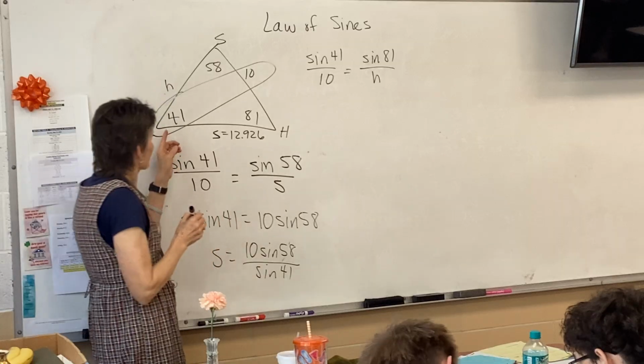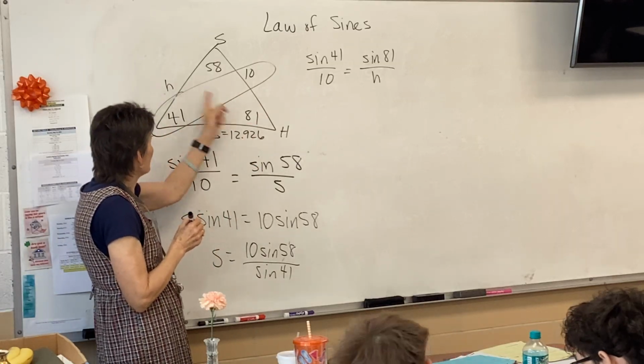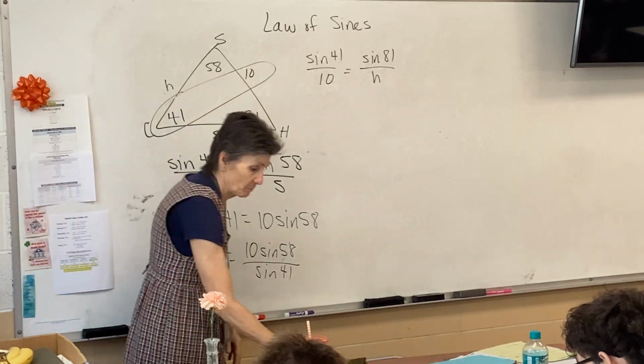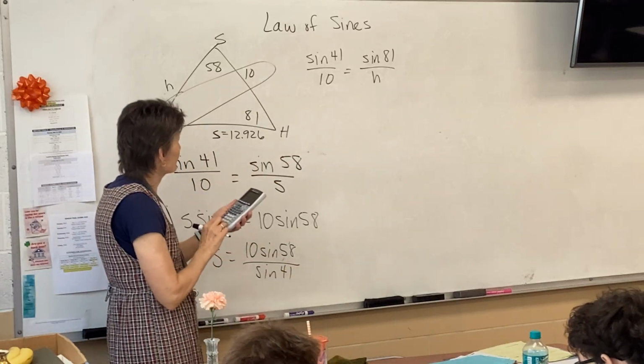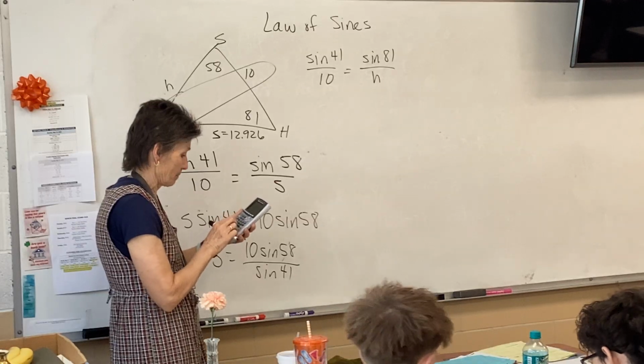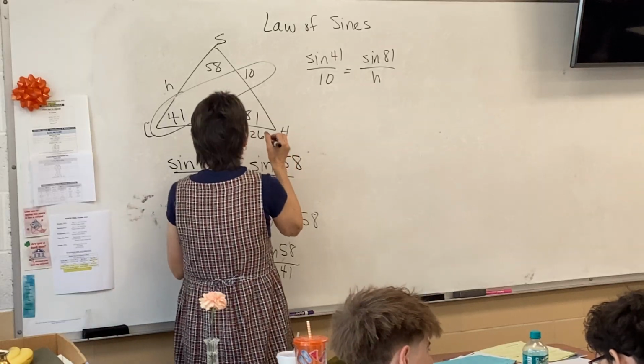So sine 41 over 10, sine 81 over H this time. And then we'll need our calculators again. I got 15.055.